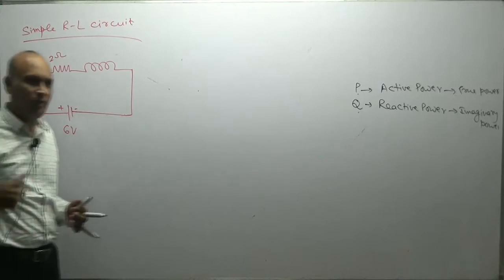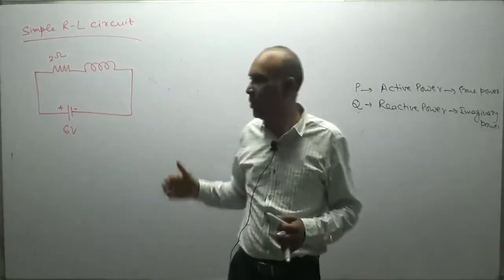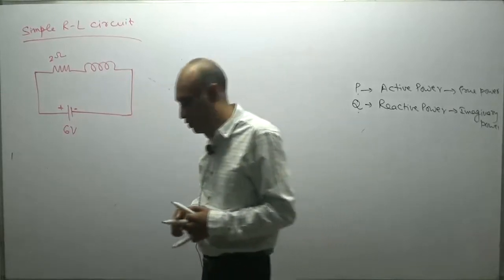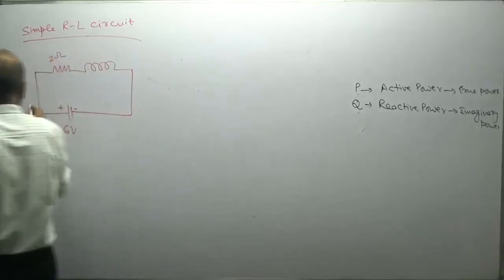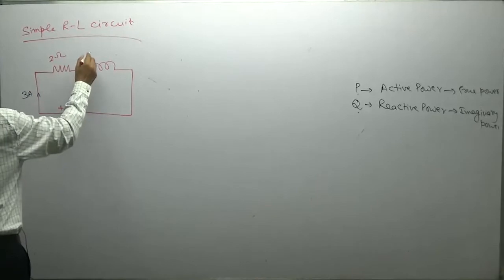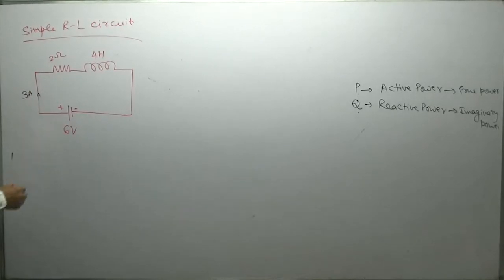How much current will flow in this circuit? My question is, how much current will flow in this circuit? Answer is 3 ampere. Also, suppose the inductance is 4 Henry. So, answer is 3 ampere.